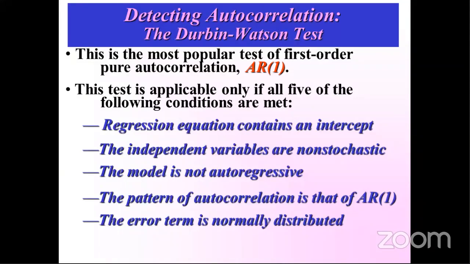Hence we have to test whether our regression model is plagued with the problem of autocorrelation or not. Without testing that, we cannot directly take our results as good results, or interpret our results without diagnosing autocorrelation.